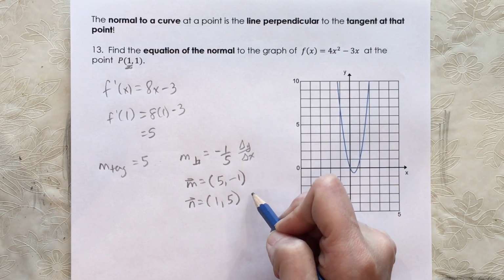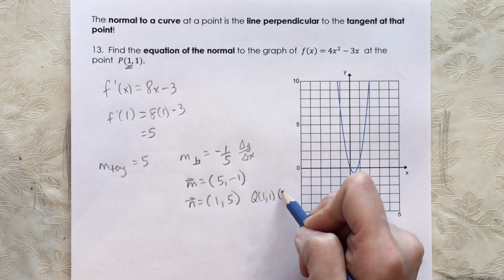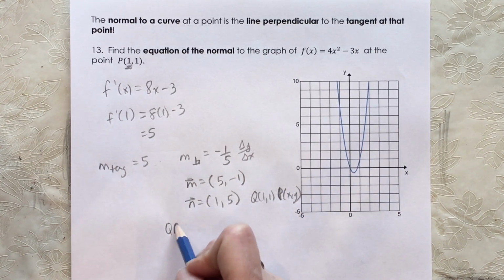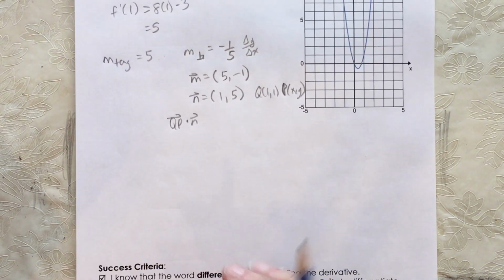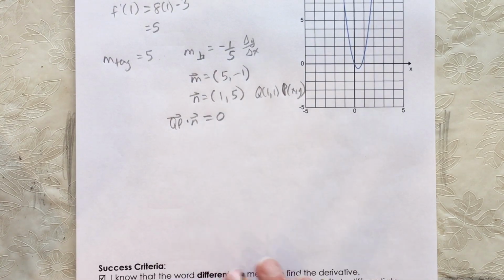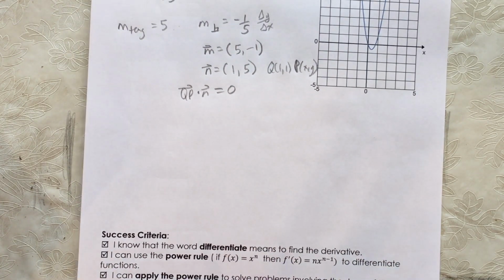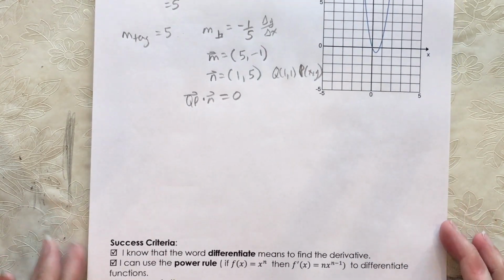And we have our point. So that's going to be 1, 1. And then our point P, general point XY. So we could do QP dotted with N equals 0. Okay, so now we just have to substitute.